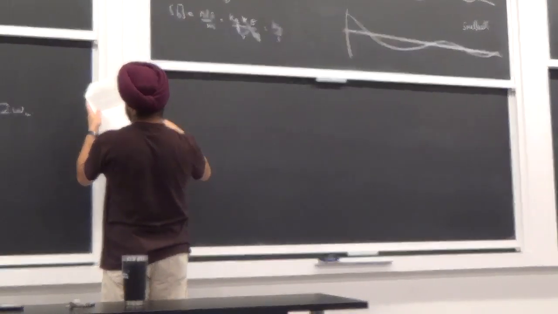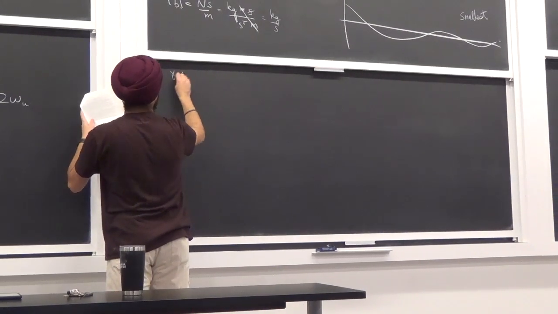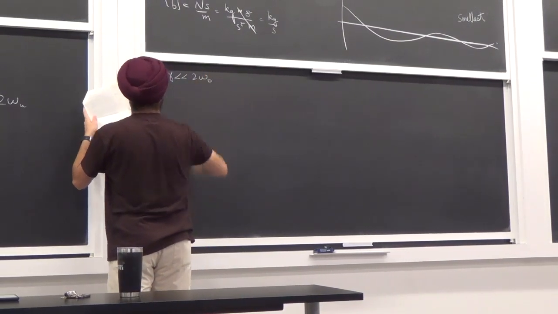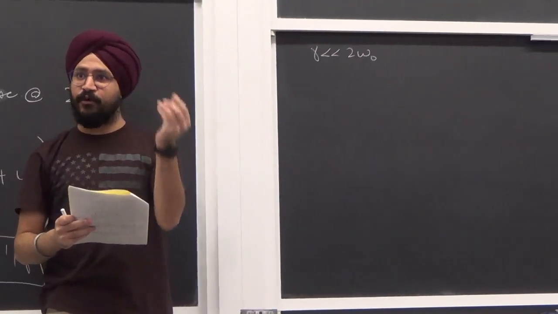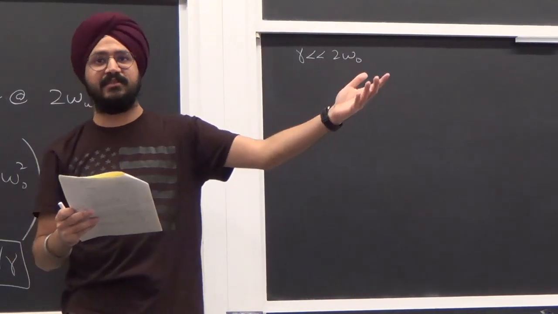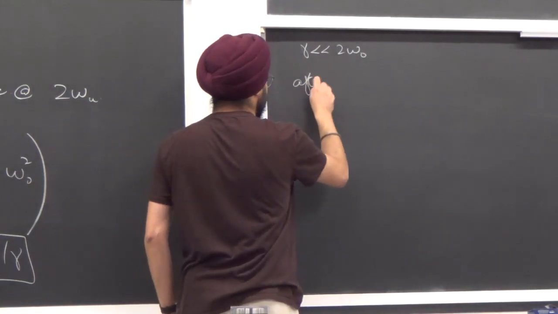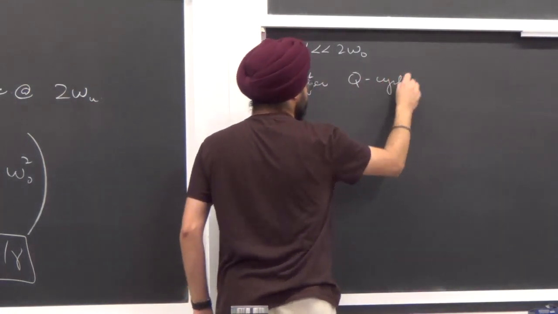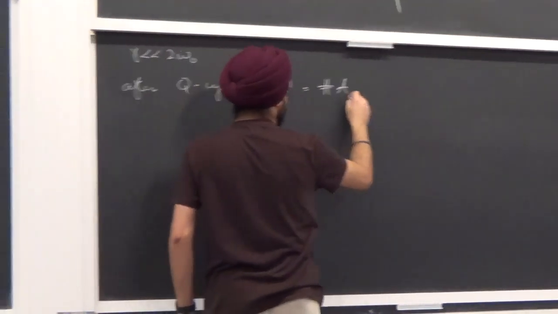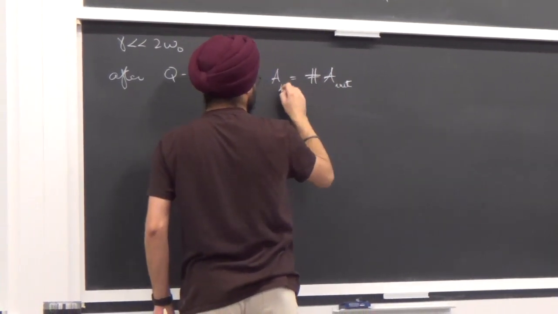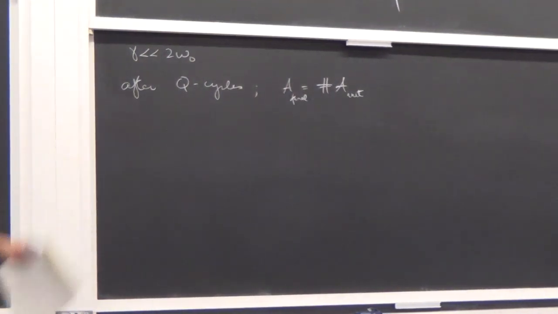We can ask the question: for the case of very light damping, where gamma is much, much less than 2 omega naught, by what fraction does the amplitude fall after Q cycles? After Q cycles, my amplitude is what fraction of the initial amplitude? We can ask that question.